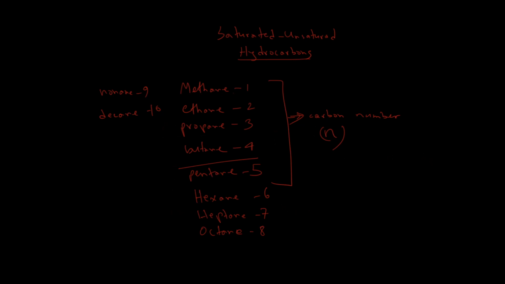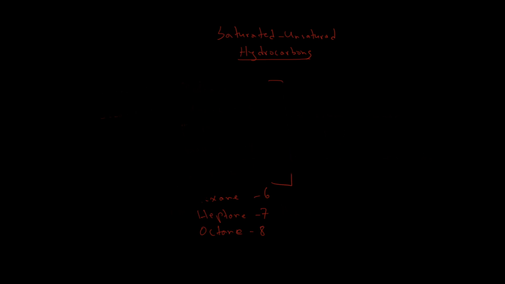Now if we write the alkanes, ethane, propane, butane, whatever it is, we can deduce a general formula for them. The general formula for alkane is CnH2n plus 2.